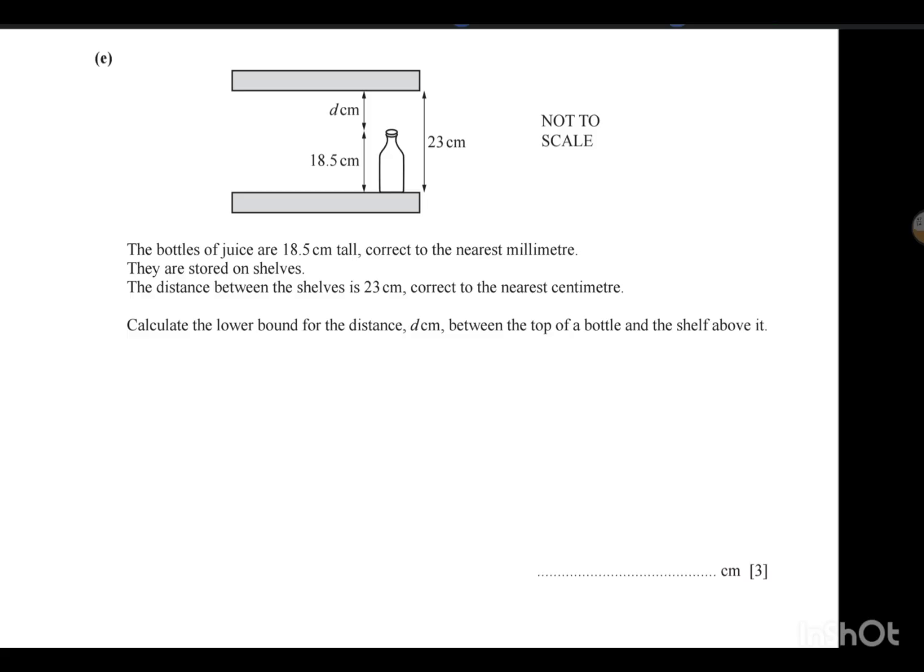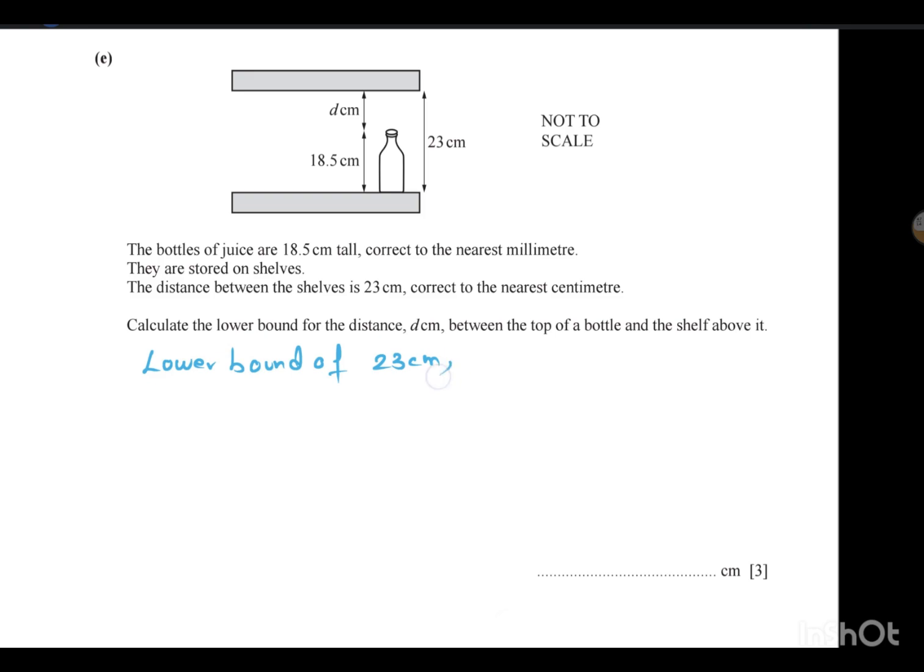So for finding the d value, you need to subtract the length of the bottle from the total length between two shelves, then only you will get this d. But they are asking now the lower bound. So for lower bound, we have to take the lower bound of 23 centimeters, which is correct to the nearest centimeter.